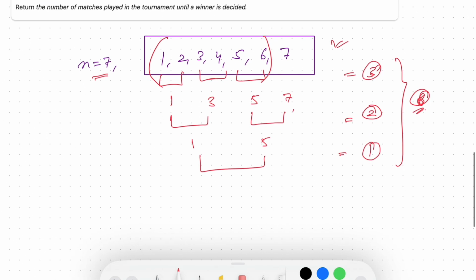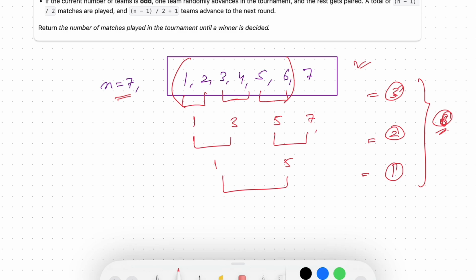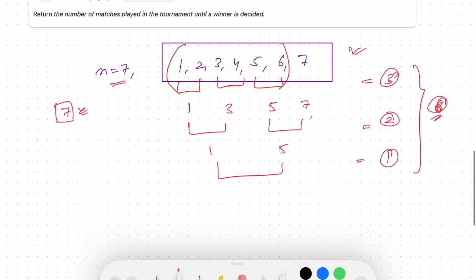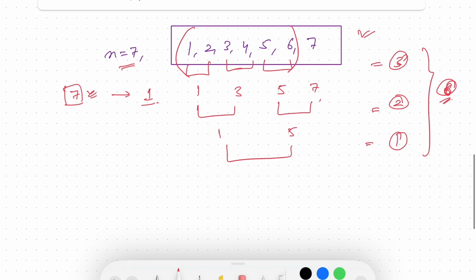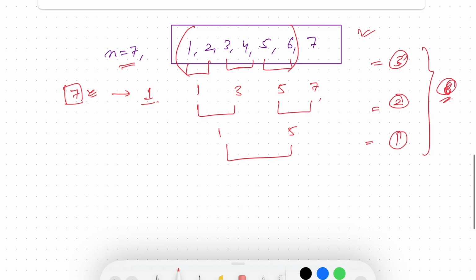Okay, so if you have to write the code, let's say 7 is our total number of teams. We have to keep on playing till one team is left. So there are 7 teams, and there are going to be 3 matches between the first 6 teams.